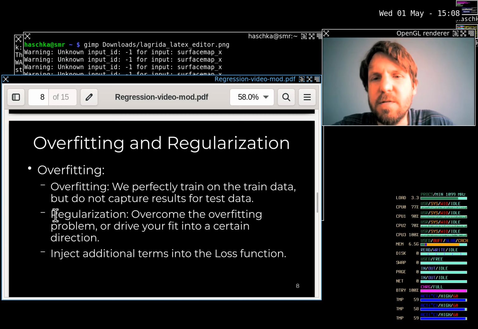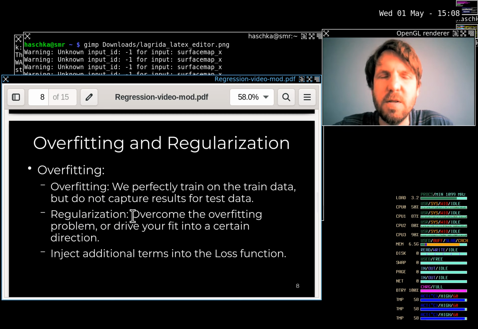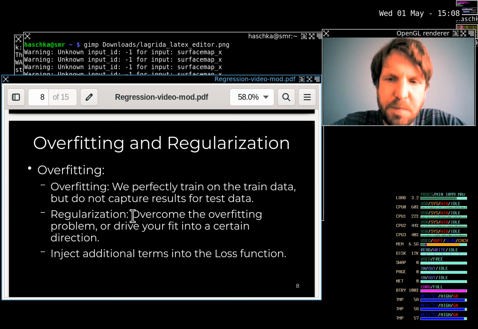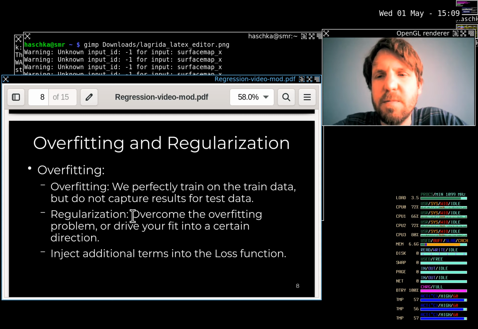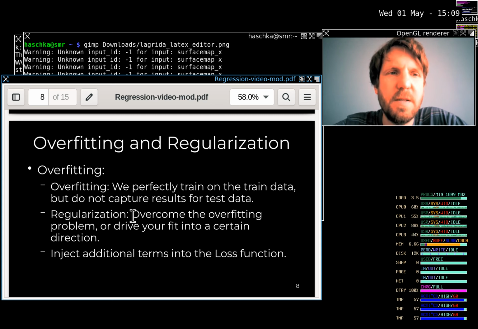We also have regularization. Regularization is something that you can do in order to avoid overfitting. There are several different ways, and not all are shown here. We will come back to regularization when we talk about neural networks, probably. But here, what I want to show you is something that you can do, especially in the regression case, and especially in the linear regression case.